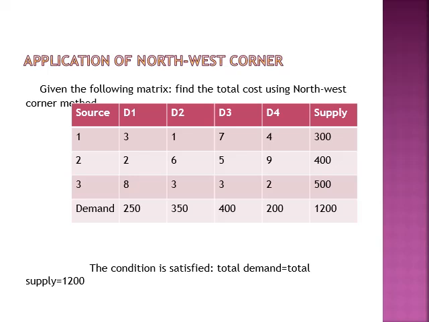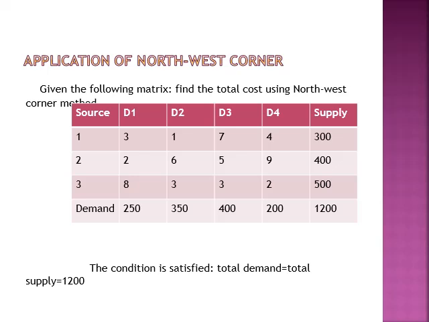D1, D2, source 1 and source 2 are cancelled. Now D3 wants 300. Source 3 has 500. We will push 300 to D3 where cost equals 3.